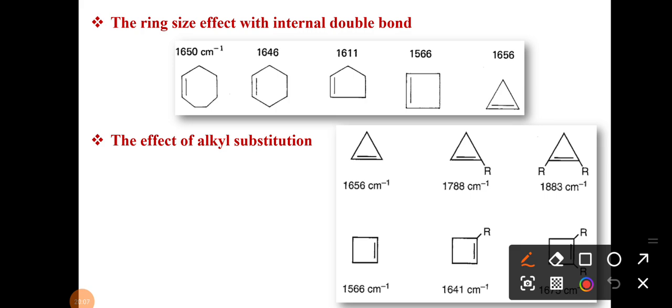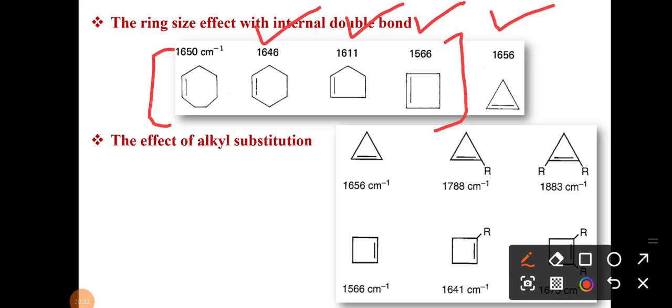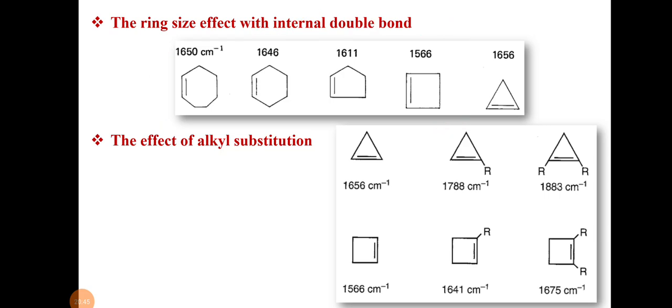As ring size decreases, our value is also decreasing, like 1650 centimeter inverse, then 1646, then 1611, 1566. But again here in cyclopropane it is 1656, so this effect holds only up to the butane ring. In the cyclopropane ring it is showing the higher vibrational frequency, right. So that is very important.